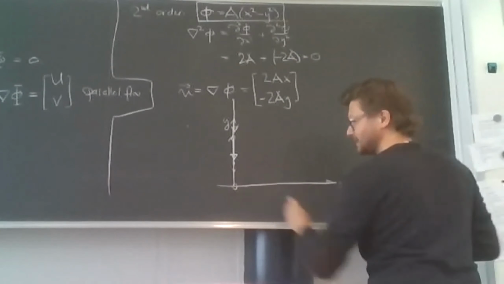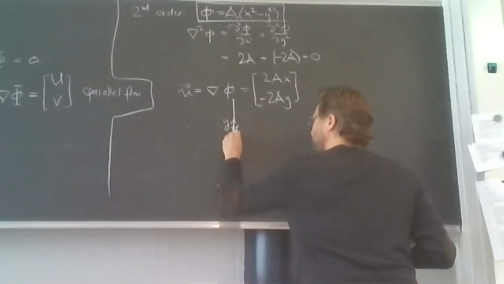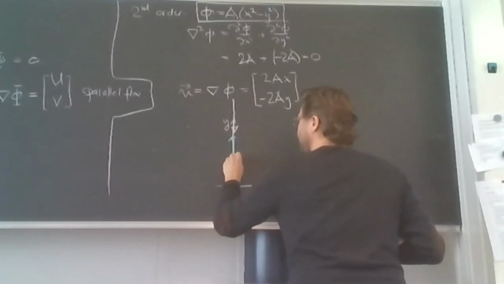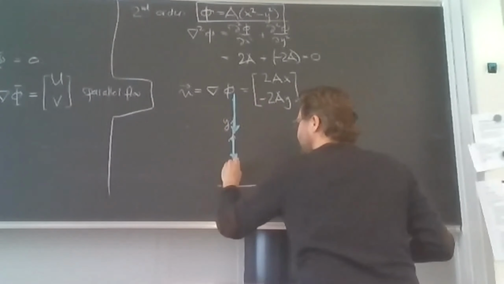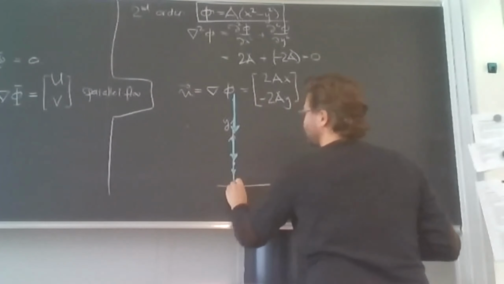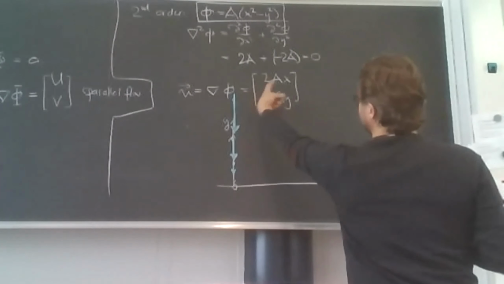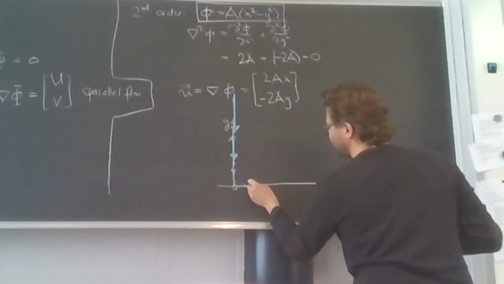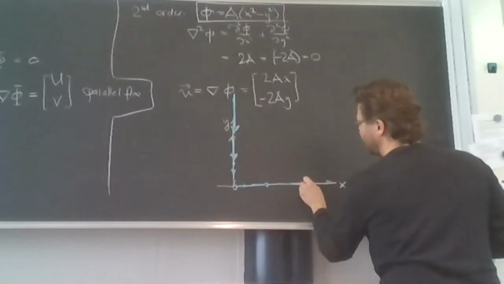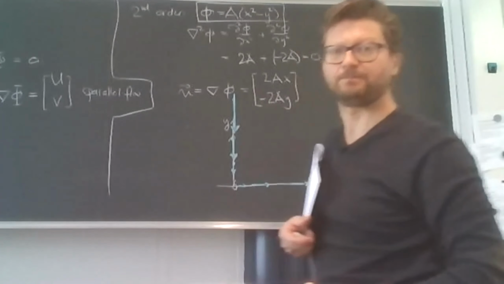On the x-axis, maybe I draw this blue anyway, sorry. Farther away, the higher the velocities; the closer, the smaller the velocities. That's 0. And on the x-axis, it's the same thing except with a positive sign. We have rather small velocities that increase the farther away we go from the origin.